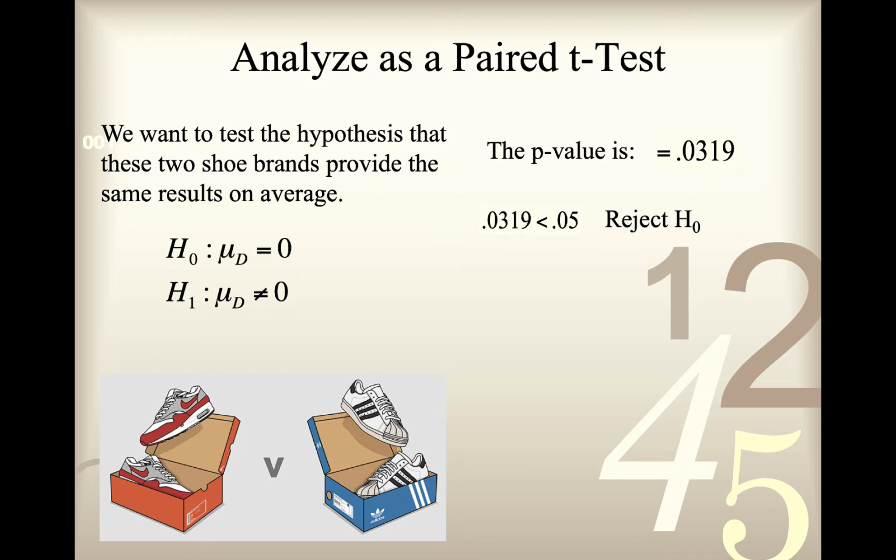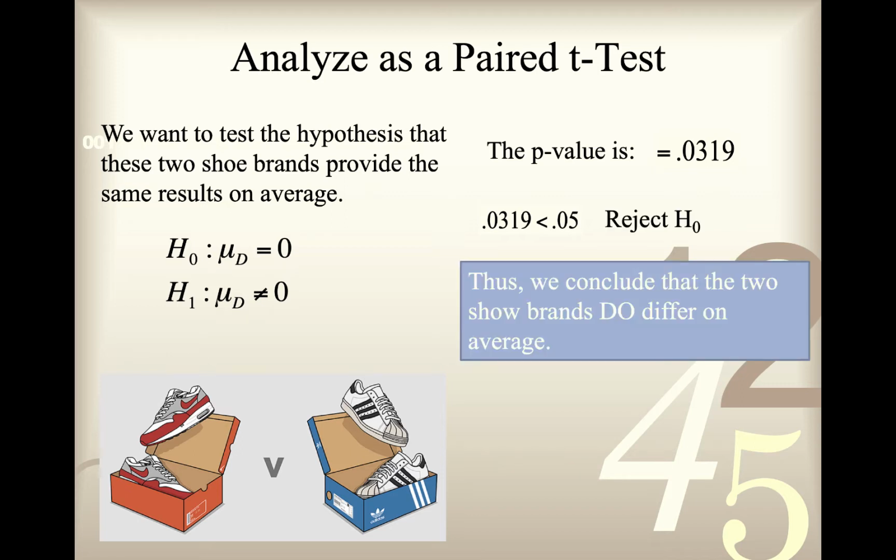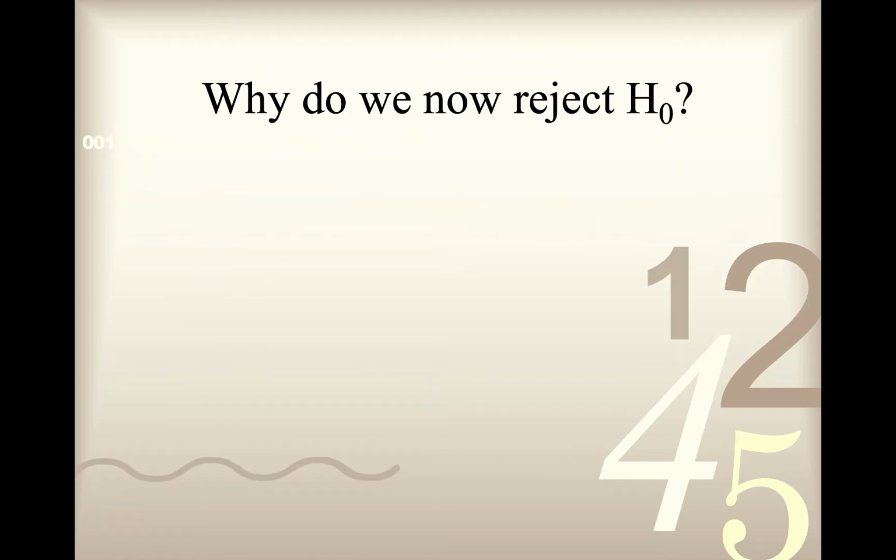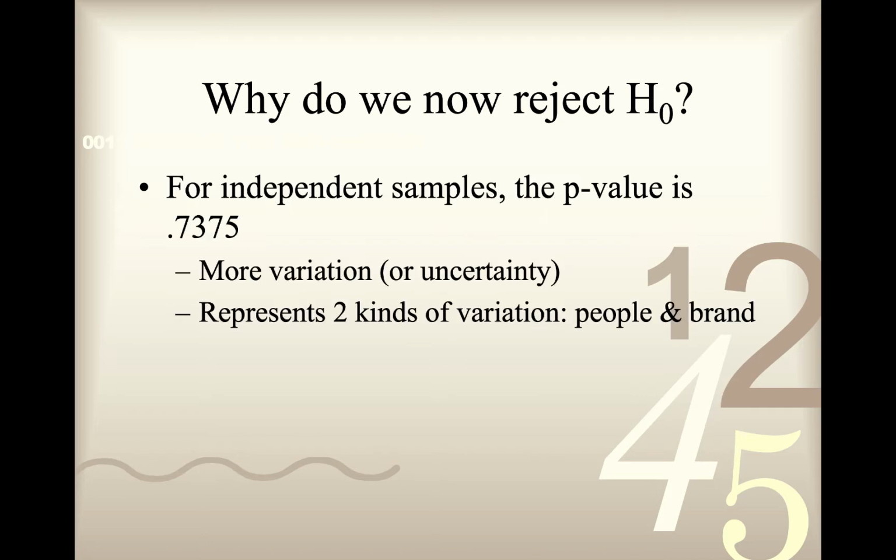You guys know what this means. This means we reject the null, and thus we conclude that the two shoe brands do differ on average. Aha! So we ran a different test, and now we have significance. Why do we now reject the null?